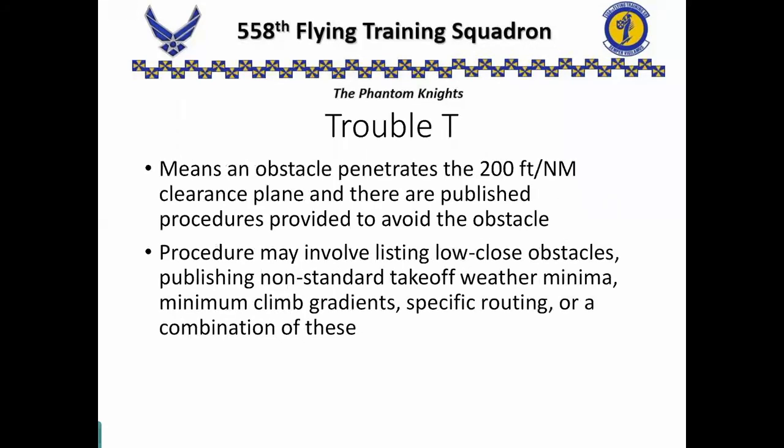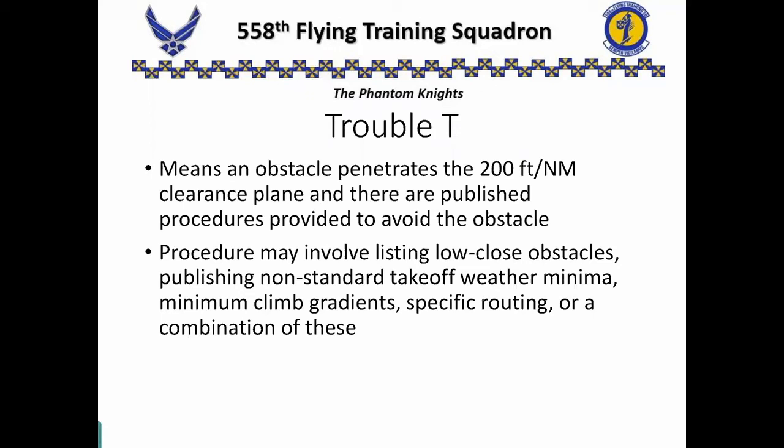All right, Trouble T. So we put all this together. Trouble T means that we have an obstacle out there that penetrates that 200 foot per nautical mile clearance plane, and the TERPS specialist has published procedures somewhere to help us avoid the obstacle. So we're going to take a look in the IFR minima section of the approach book and find out exactly what those procedures are.